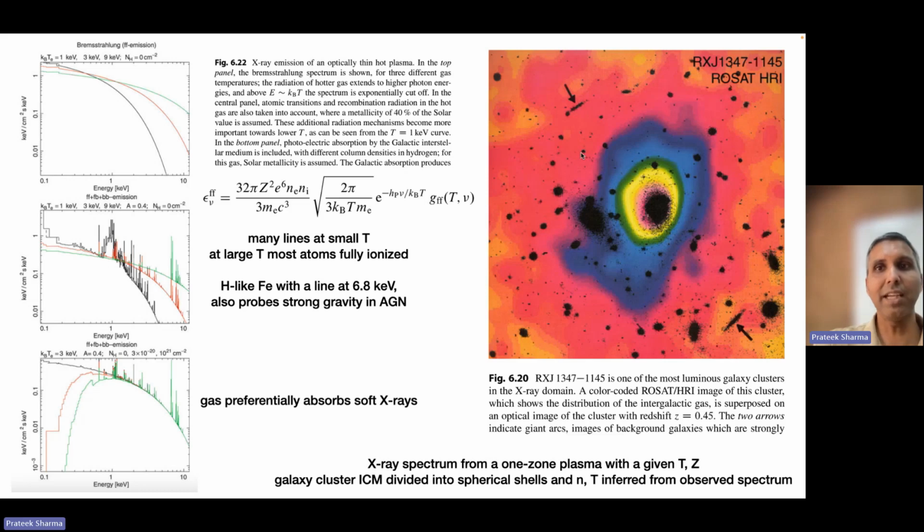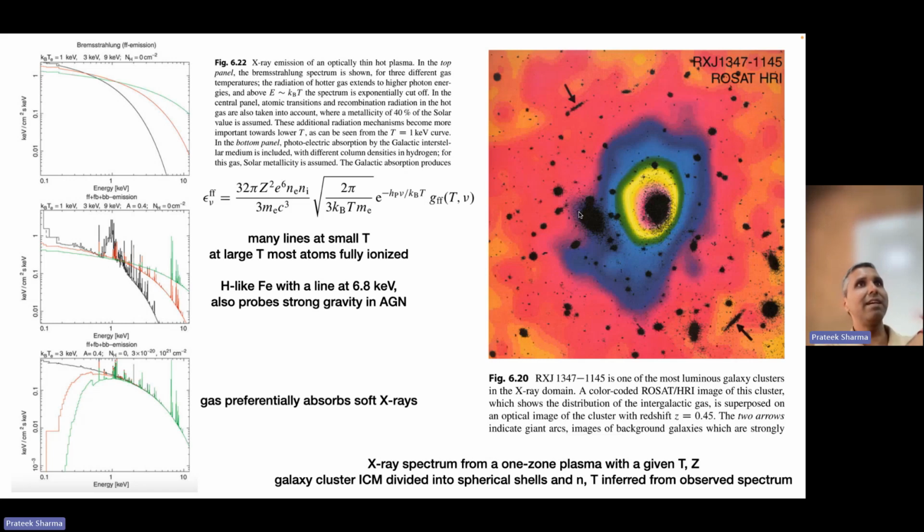galaxy cluster. And the other thing that we have to keep in mind is that a galaxy cluster is a sphere, and what you're observing is a circle. You're basically observing a projection of the sphere on the sky, which appears as circular isophotes.